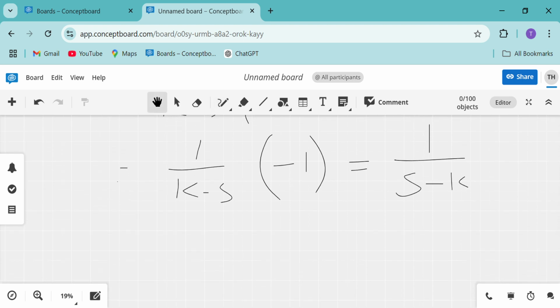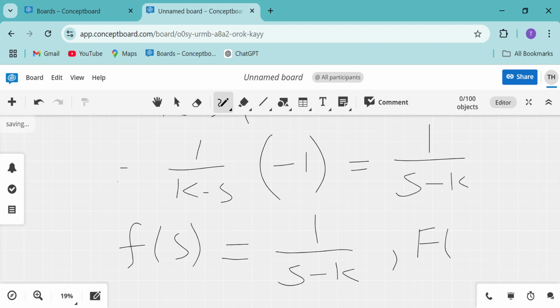Our F of s is equal to 1 over s minus k. In this Laplace transformation we have used f of t equal to exponential kt.